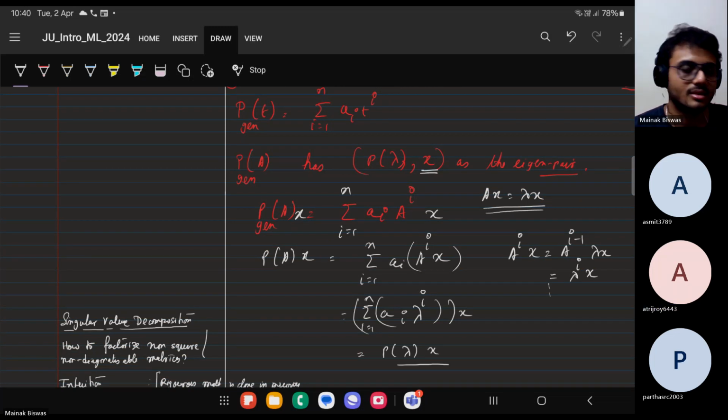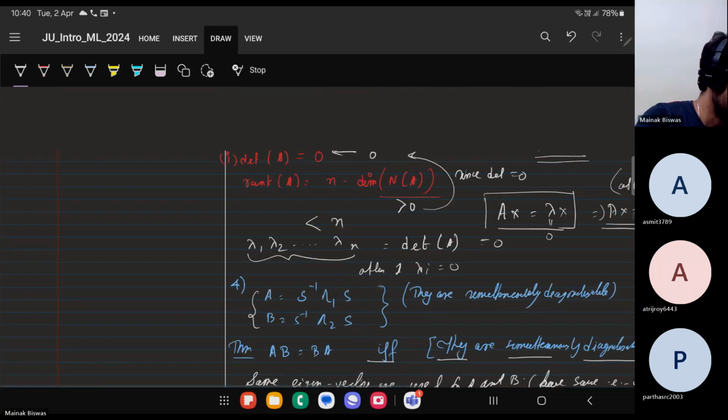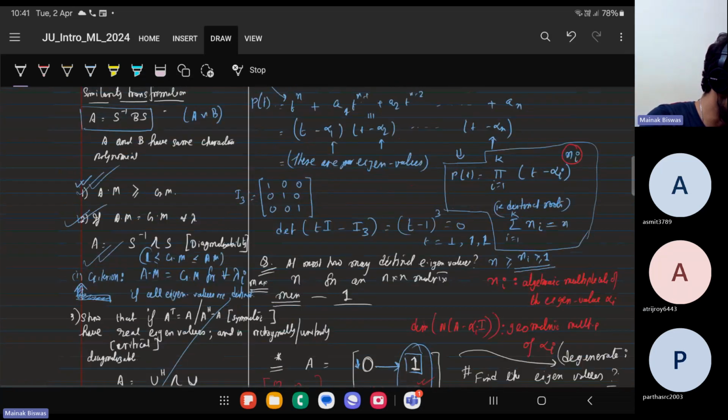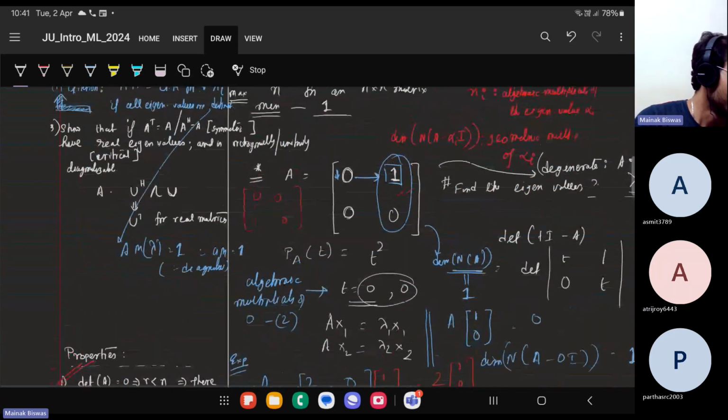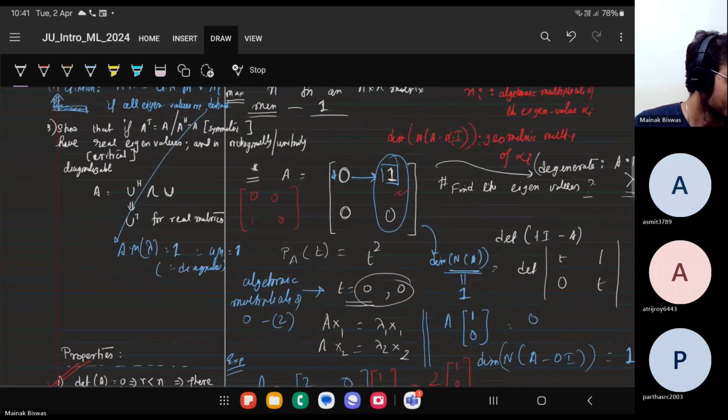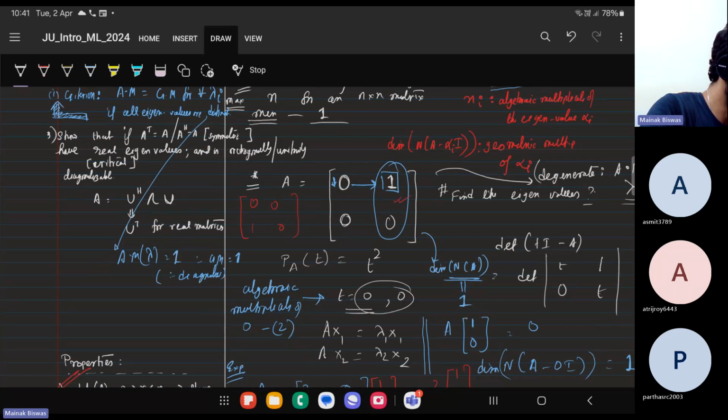That's it. Okay, we'll stop with the last thing, that is show that if a matrix is symmetric, it will have real eigenvalues, and the eigenvectors will be orthogonal or unitary.